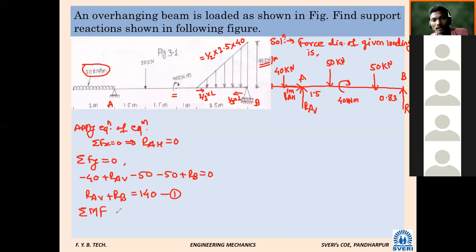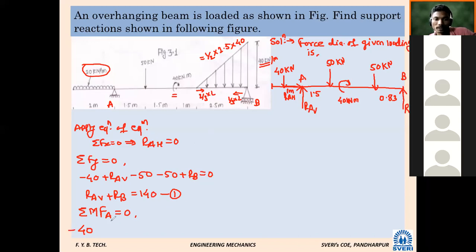Where we should take, so that at least one we will take at point A. So due to 40 kilonewton force, how moment will generate about point A? Clockwise or anti-clockwise?